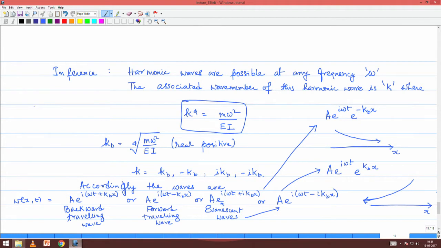So, the relation between the wave number k and the frequency omega is called the dispersion relation.